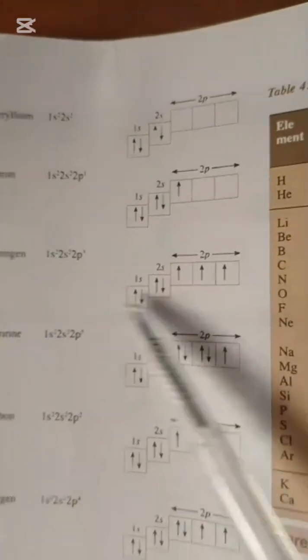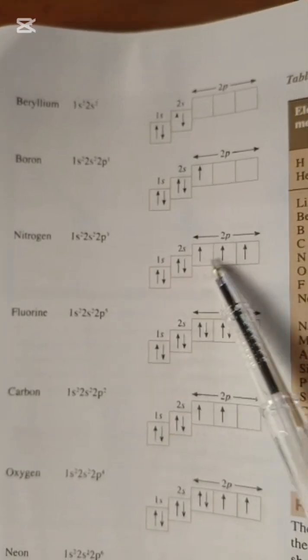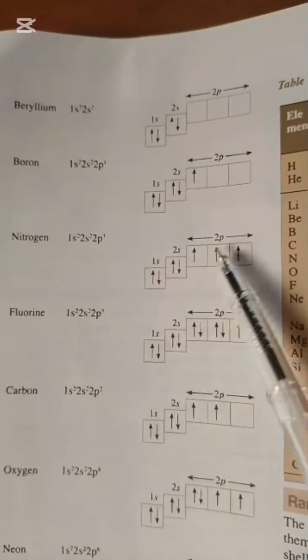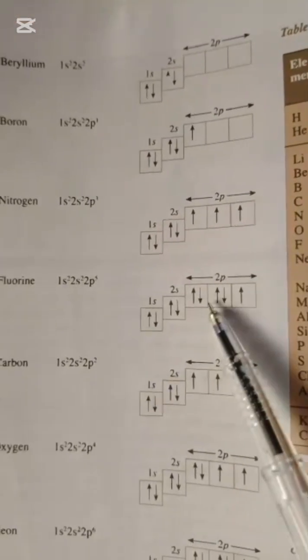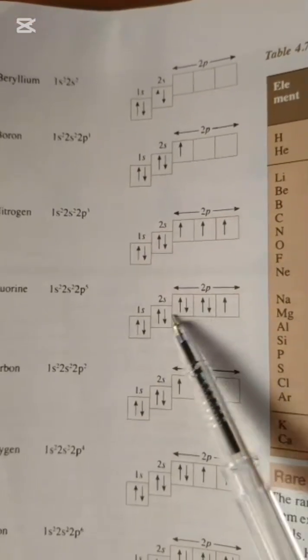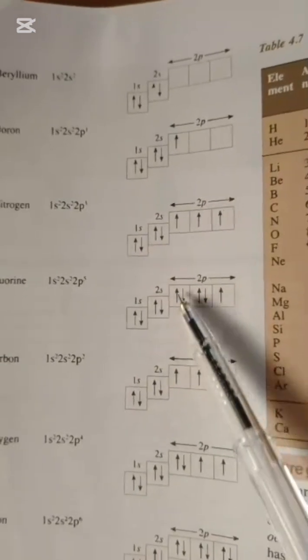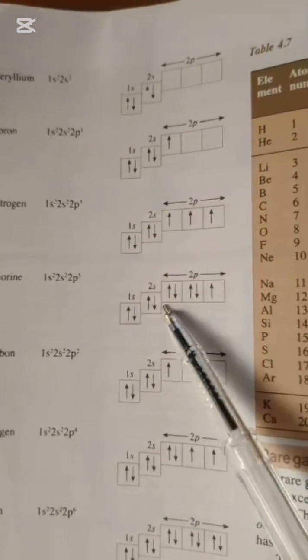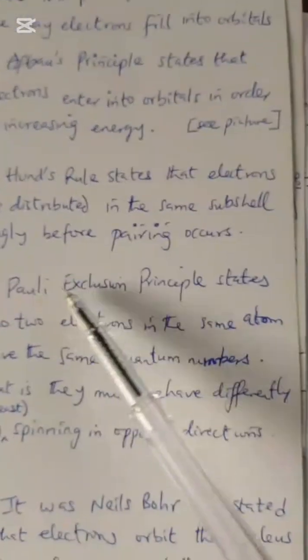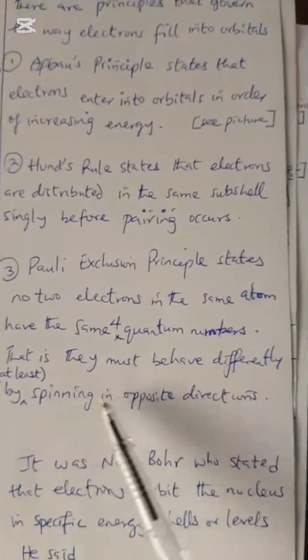You see the nitrogen orbital diagram, the electrons in the same subshell, the 2p subshell. They go in 1 by 1 before they start to double or pair up. And of course when they pair, they are facing different directions. Electrons are spinning differently, one going up, the other spinning down. That is the Pauli exclusion principle. We said that they must behave differently by spinning in opposite directions.